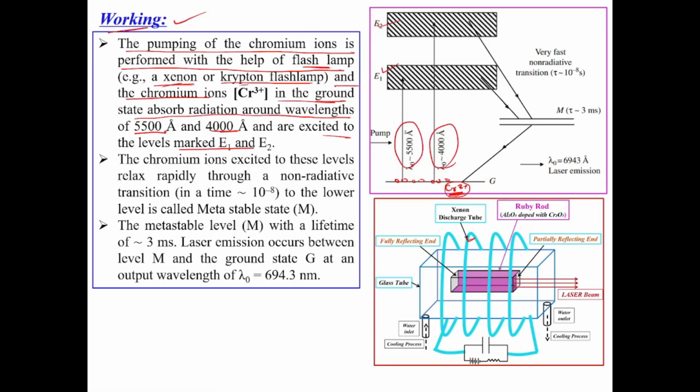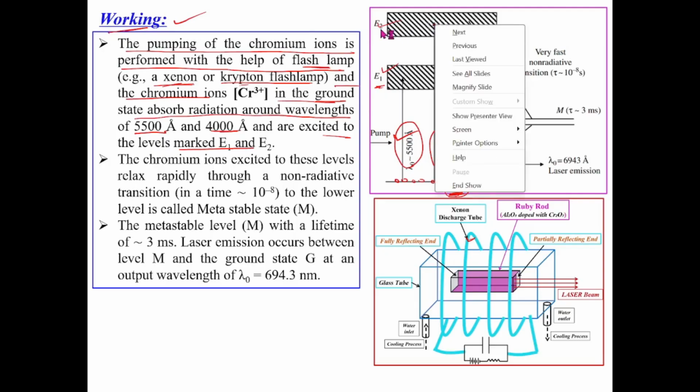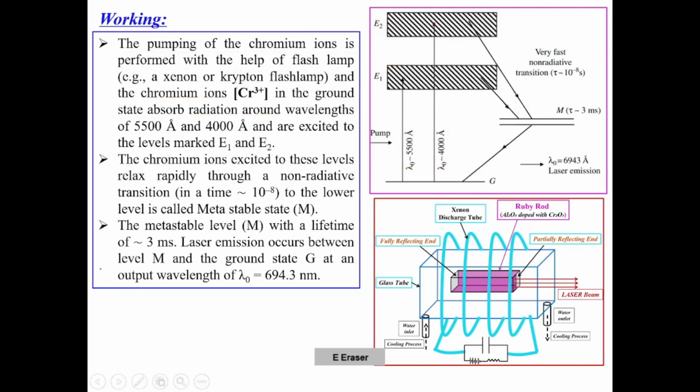If it absorbs the wavelength 5500 angstrom, it will move to the E1 energy level. If it absorbs the wavelength 4000 angstrom, it will be excited to the E2 level.